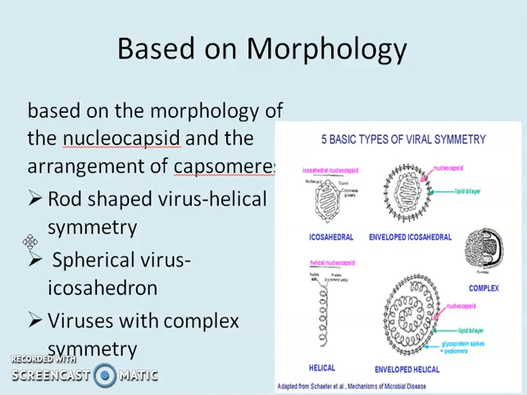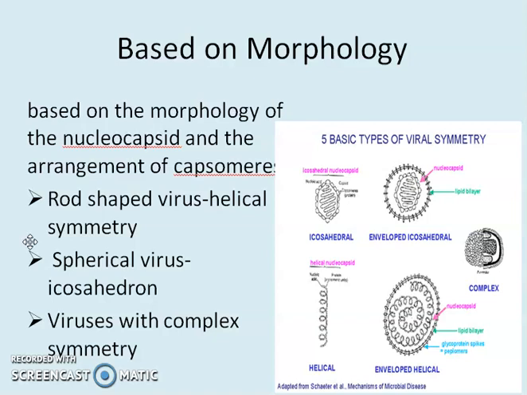I already told you that viruses are made up of a genetic material core surrounded by a protein coat, and this protein coat is made up of simple monomeric units known as capsomeres. These capsomeres are viral components and have their own symmetry.